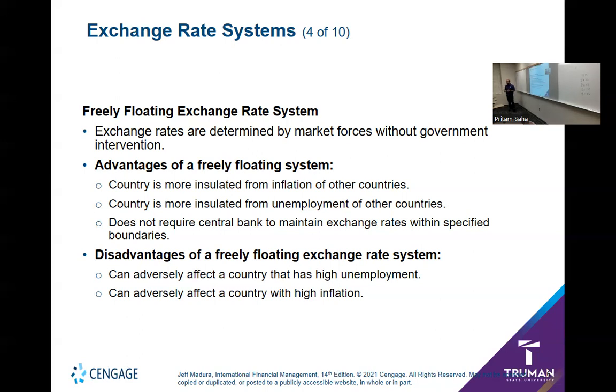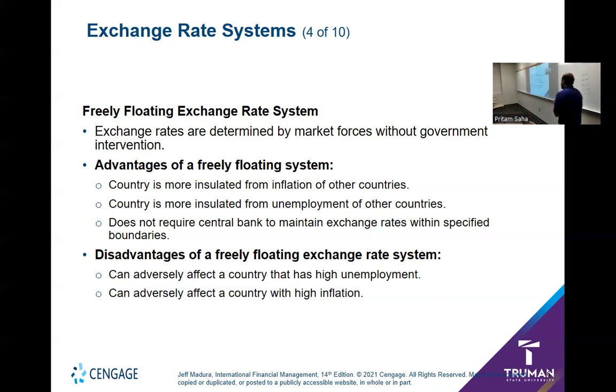Exchange rate keep changing, right? Any of the directions. So what are some advantages? So now the advantages is all those inflation, unemployment, interest rate, all are basically adjusted on the exchange rate. If some countries experience inflation, there is no impact on the other country, right? That is adjusted. That's the good thing.